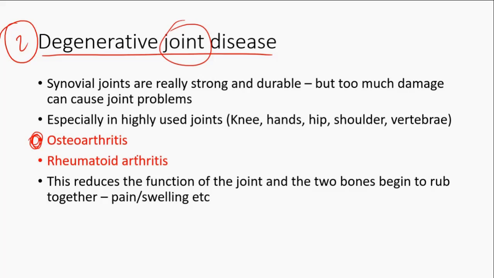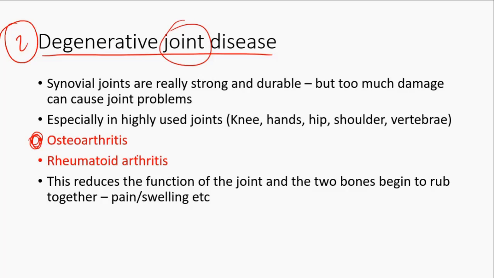A lot of the time, the reason for this is that the patient is old. In other words, the patient has been using the joint for a long period of time, and especially if the patient is a labor worker where they're constantly moving and there's a lot of pressure on their joints, they can get osteoarthritis. And the second type of patient that can get osteoarthritis are obese patients.